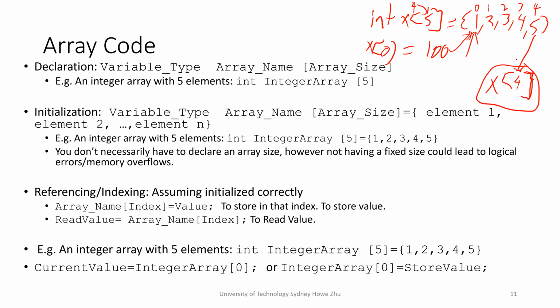Likewise, some people write 5 here and then call x[5] instead of x[4], and they also get a memory overflow, because x[5] is the 6th value, which is outside of the array. These are just small things you should notice when you program. And once you get a hang of using arrays, they'll prove a lot more useful in your assignments.